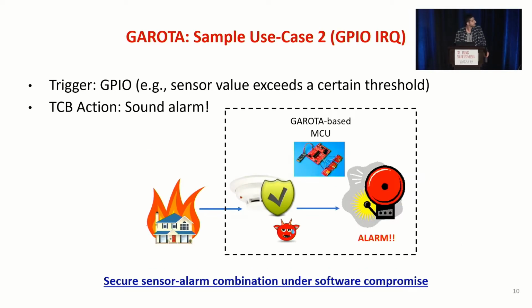Second, think about a sensor device that performs several things. Perhaps it implements some network communication, perhaps it builds some statistics, but we want to make sure that upon a trigger, such as temperature exceeding a threshold, the most safety-critical task, which is sounding the alarm, is always executed no matter how compromised the rest of the system is.